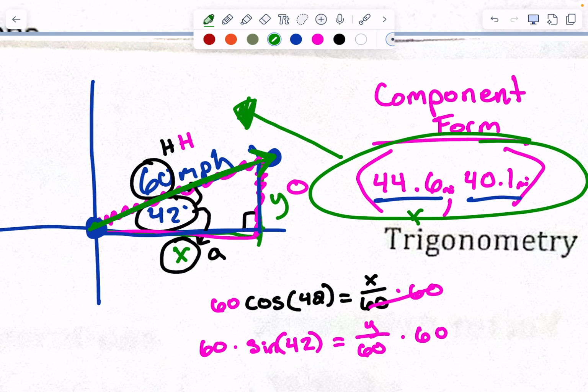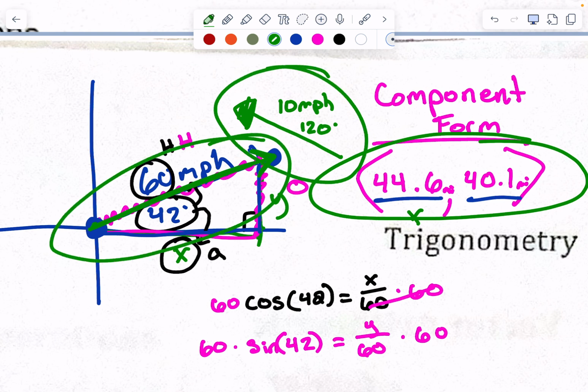And maybe that is 120 degrees at, let's say we have a 10 mile per hour breeze, right? That is going to affect the change of the vector, or where the ball ends up. So if I have this vector and this vector together, I would have to convert this vector into component form, right? But then I could add them together, right?